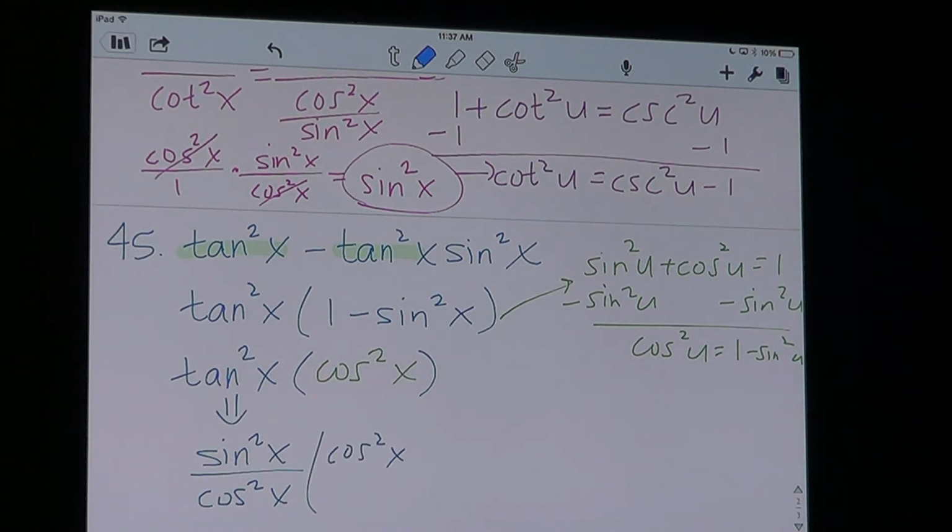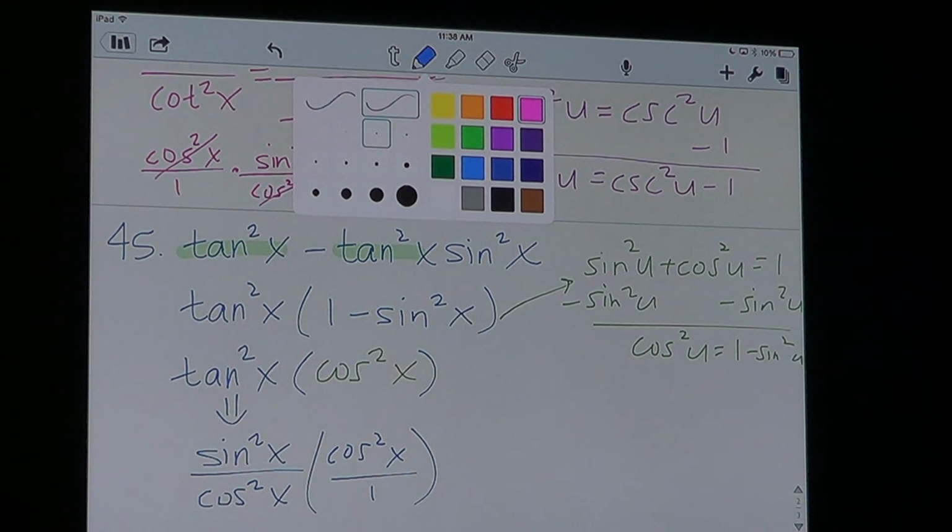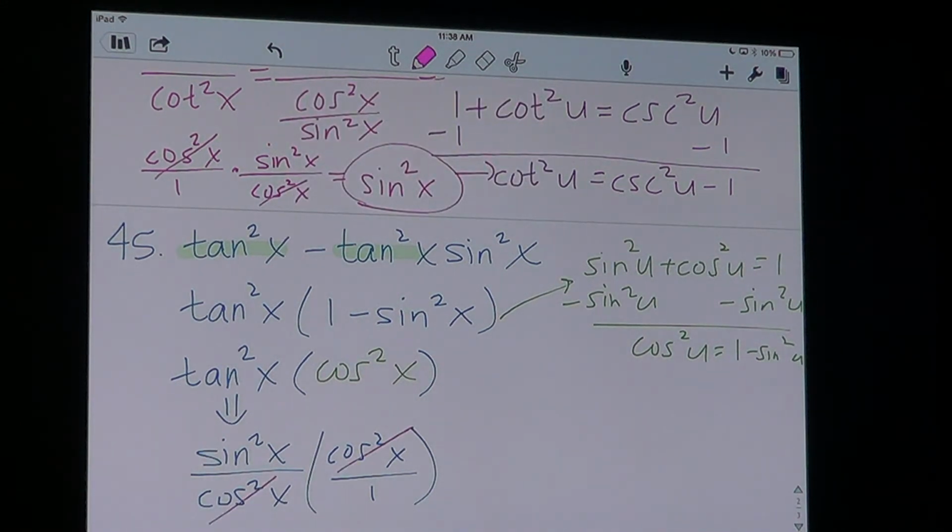You know what you're talking about. I swear I wrote it down right. So then what will happen there? The cosines will cancel, and so that will give you sine squared x.